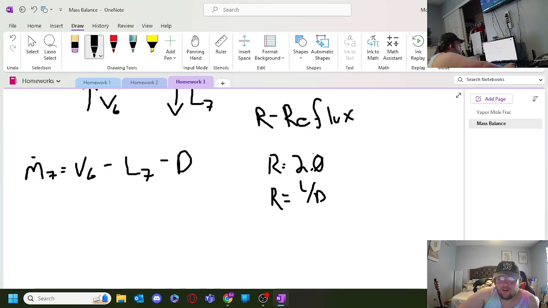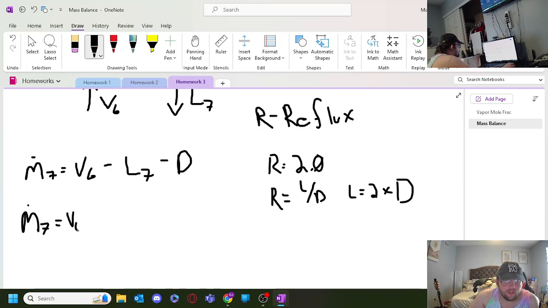So if we say R is 2 here, that means the liquid is 2 times D. Right? So if we were to rewrite our change in mass for 7, you would get V6 minus the distillate multiplied by 1 plus R.